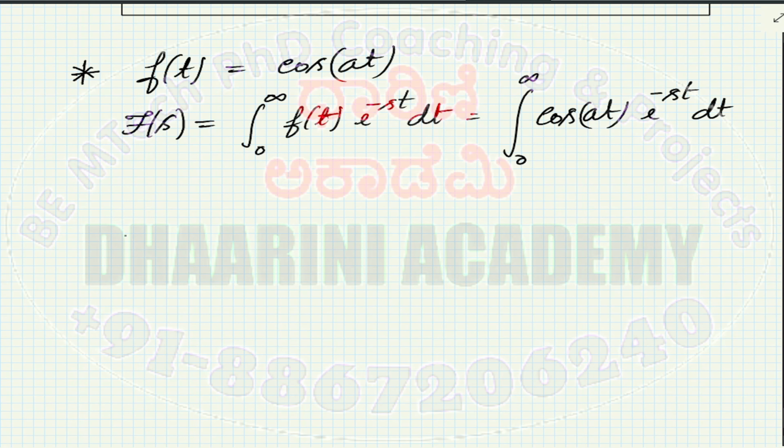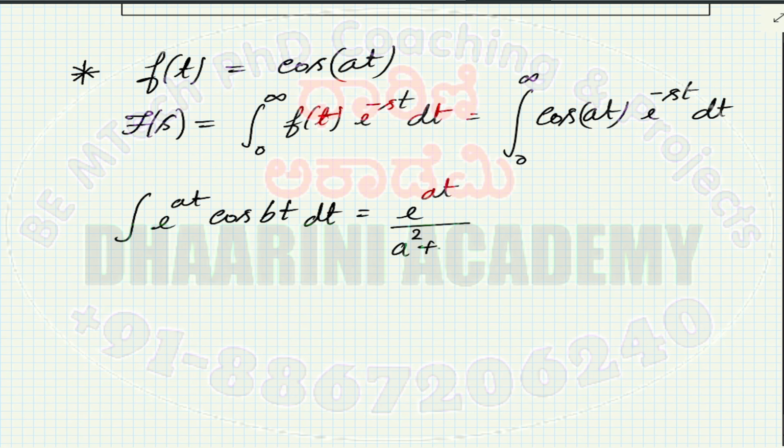If you have an integral in the following format, that is e to the at into cos bt dt, this is nothing but e to the at whole divided by a square plus b square into, this is a cos bt plus b sine bt.